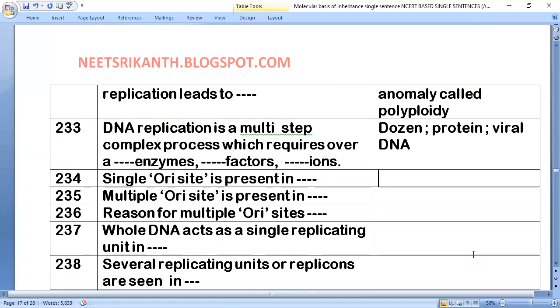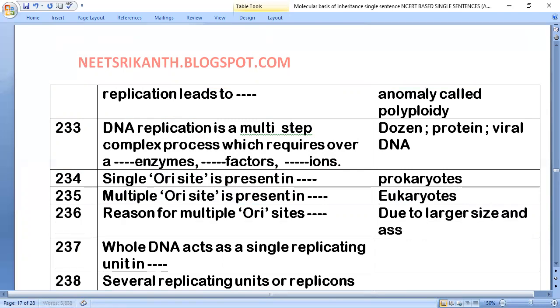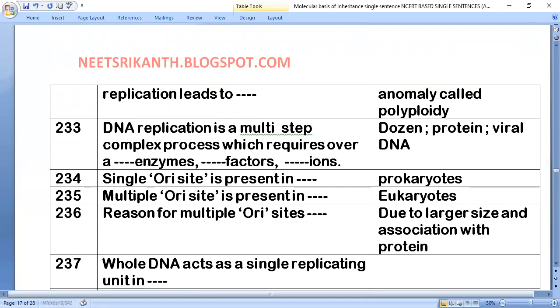A single origin of replication is present in prokaryotes. Multiple origins are present in eukaryotes, the reason being their larger size and association with proteins.